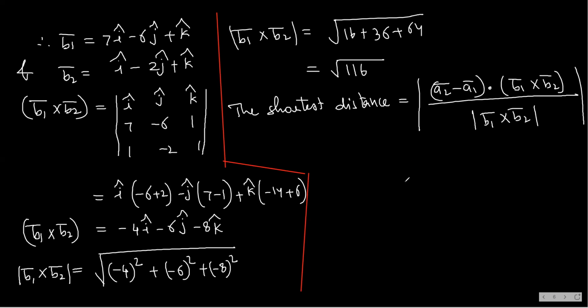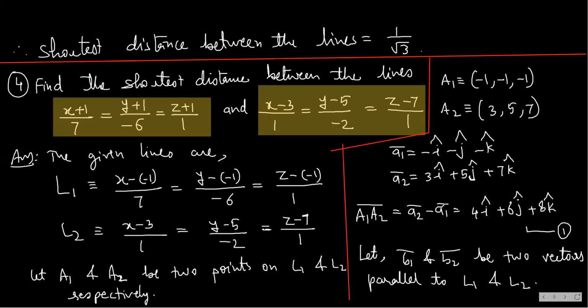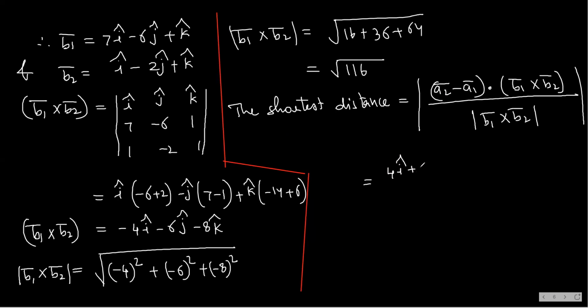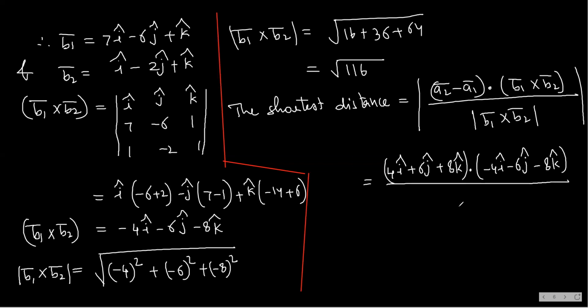Got it? Now see students, you have already made the provision of these vectors. a2 bar minus a1 bar, what was it? It was 4, 6, 8, 4 i cap plus 6 j cap plus 8 k cap dot b1 bar cross b2 bar, which is minus 4 i cap minus 6 j cap minus 8 k cap, upon square root of 116.